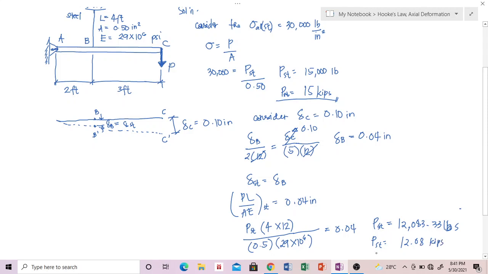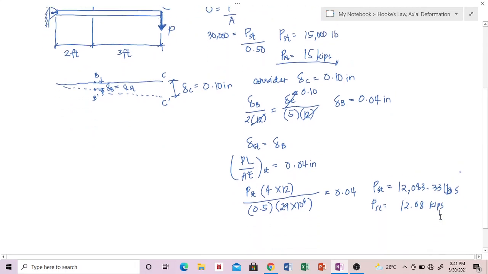Okay, so this is now our P steel, considering the maximum vertical displacement of C to be 0.10 inch. Comparing the two results, we have 15 kips and 12.08 kips.